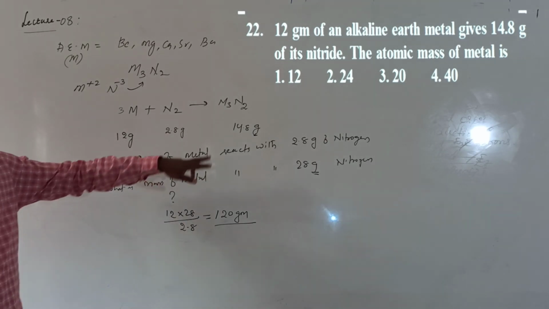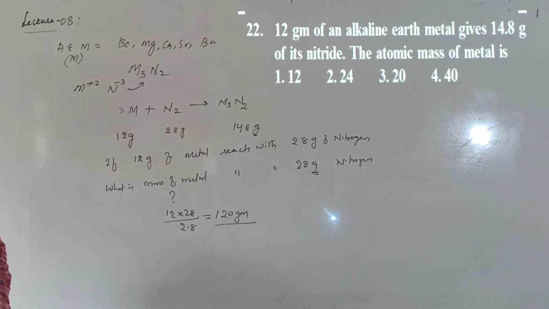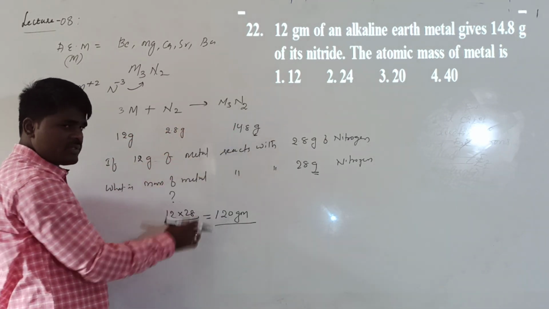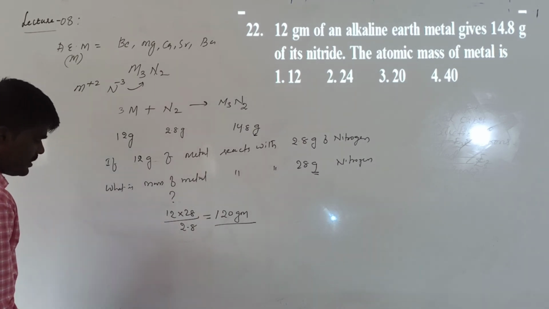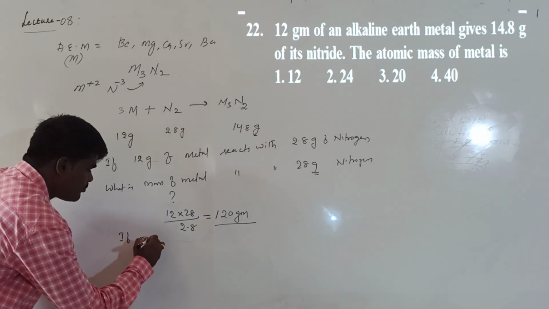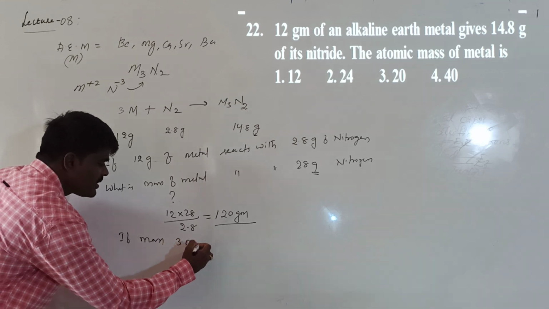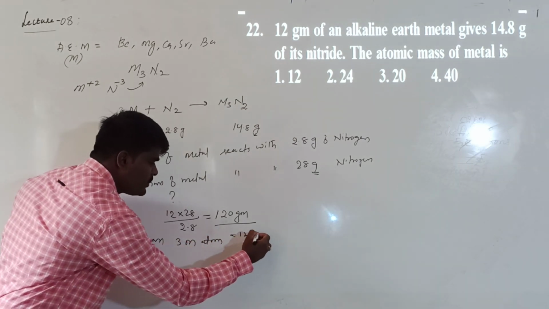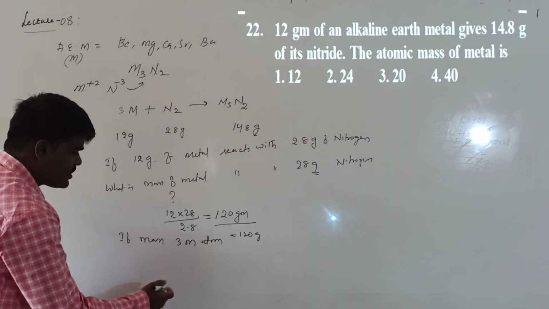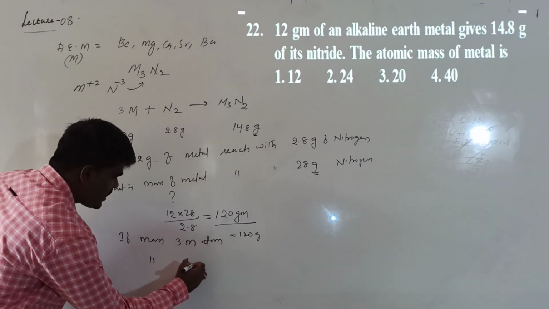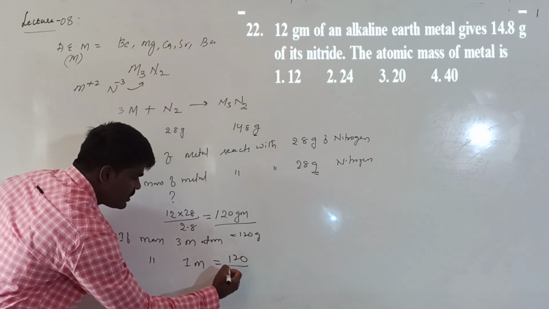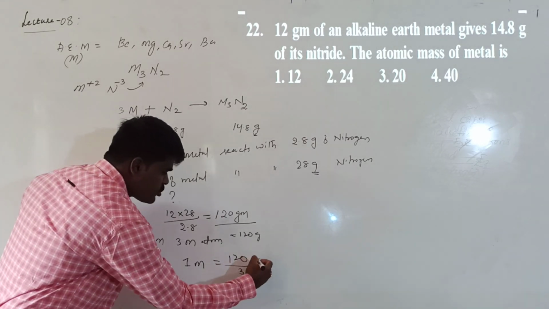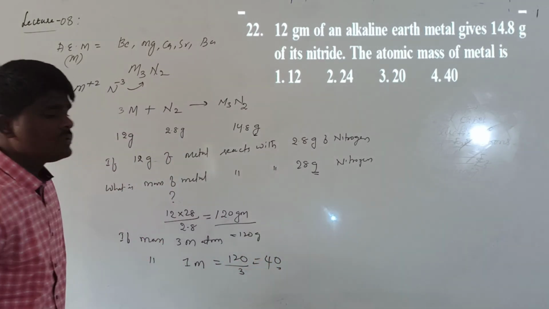Right? How many metal atoms are present in one molecule of nitride? This is the mass of 3 metal atoms. So if the mass of 3 metal atoms is equal to 120 grams, then what is the mass of one metal atom? It will be equal to 120 by 3, which comes to 40.